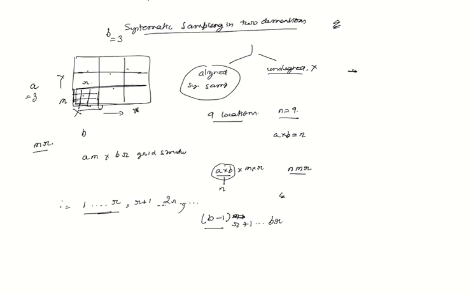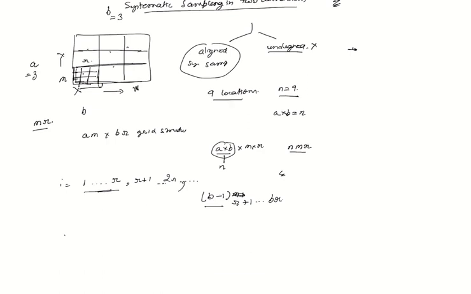The same is going to be with the j, which is on the y-axis: it starts with 1 up to m, then the next is m plus 1, this will go up to 2m, then the last one is going to be a minus 1 times m plus 1, all the way to am.